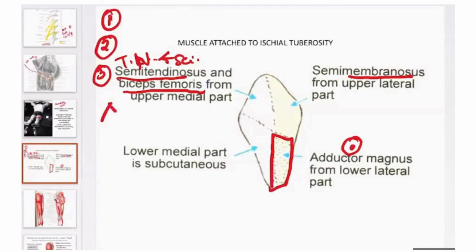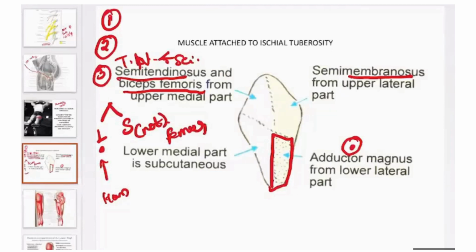And there are two heads for biceps, long head and short head, as in the upper limb. Only the long head is hamstring, not the short head, because the short head arises from the femur, not from the ischium. So when you include hamstring, you have to say semimembranosus, semitendinosus, long head of biceps, not the short head, and the hamstring part of the adductor magnus.